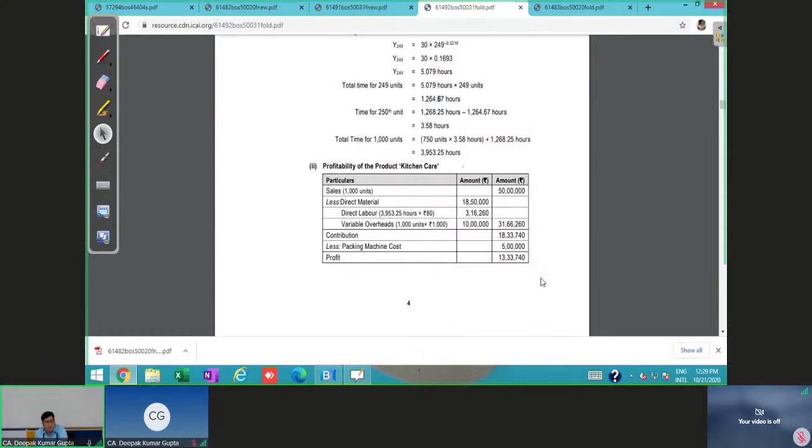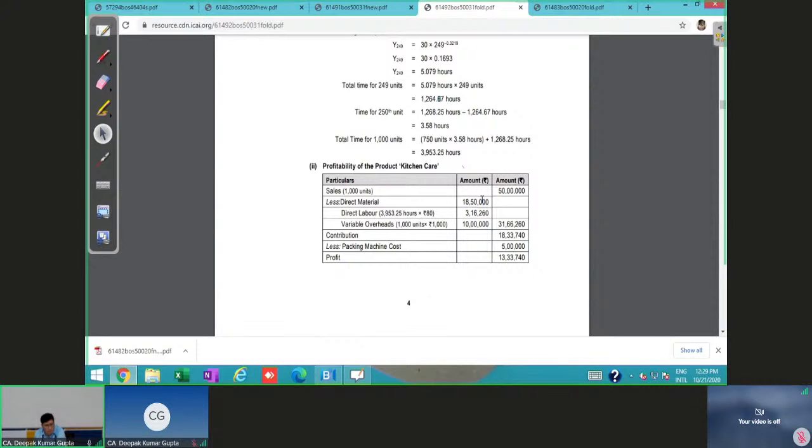Now, I will compute the profitability of the product for kitchen care. My lifetime sale will be 1000 units. Accordingly, the sale price will be 50 lakhs.